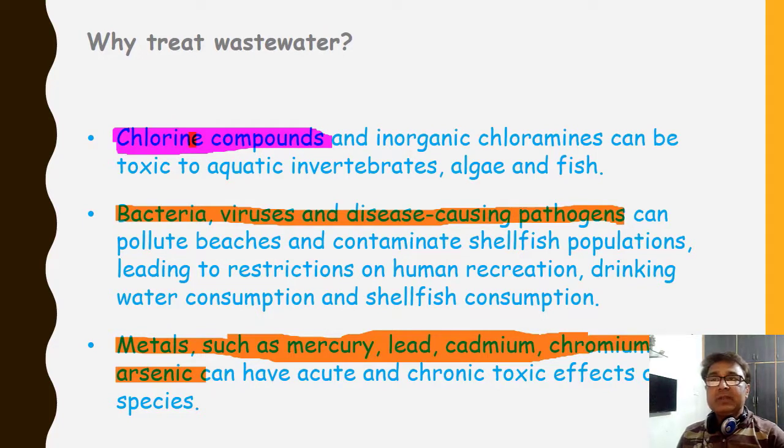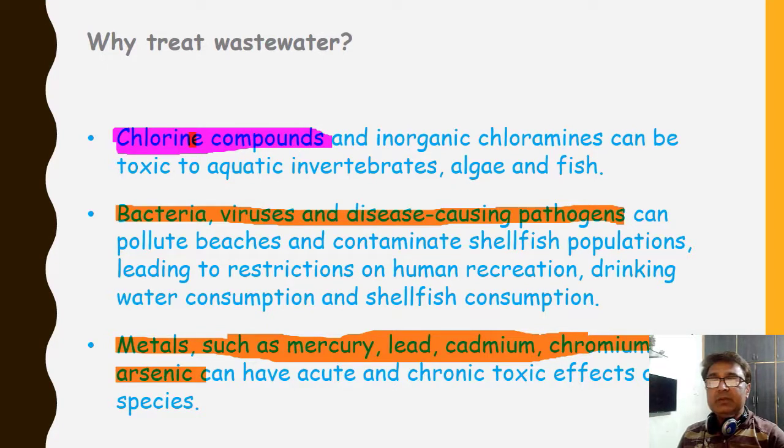Chlorine compounds and inorganic chloramines can be toxic to aquatic invertebrates, algae, and fish. Bacteria, viruses, and disease-causing pathogens can pollute beaches and contaminate shellfish populations, leading to restrictions on human recreation, drinking water consumption, and shellfish consumption.